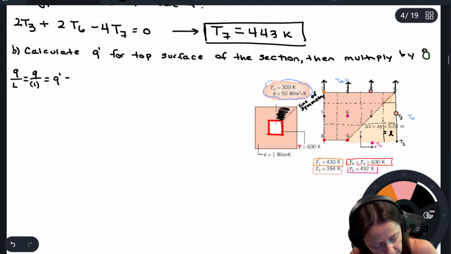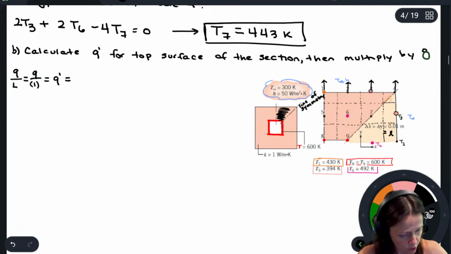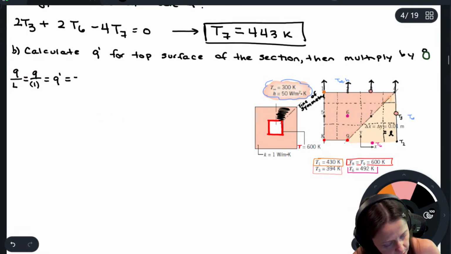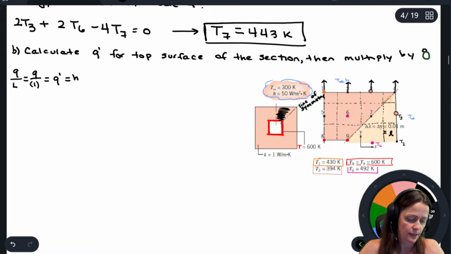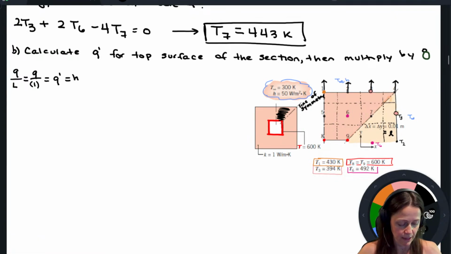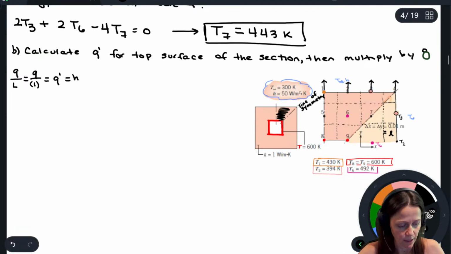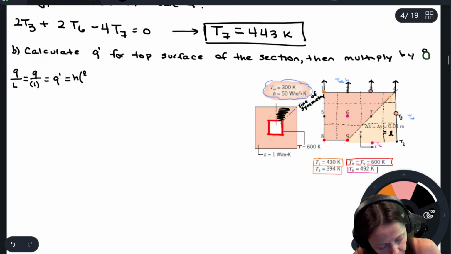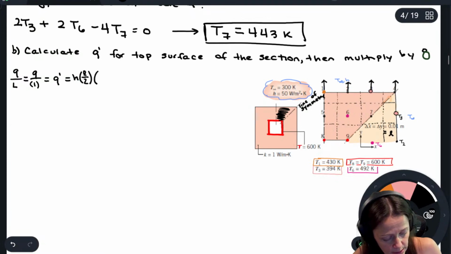And so it's h times area, but area divided by that 1. So I'm not even going to write the 1 anymore, but it is a half area: h L over 2 times (T1 minus T infinity).